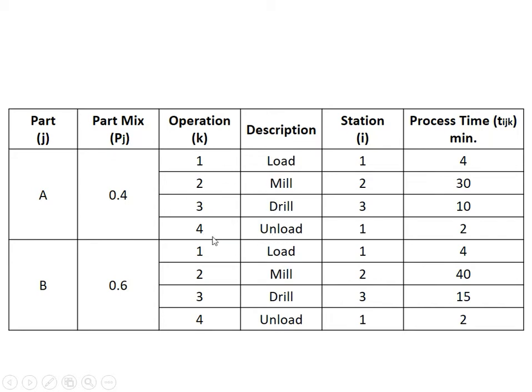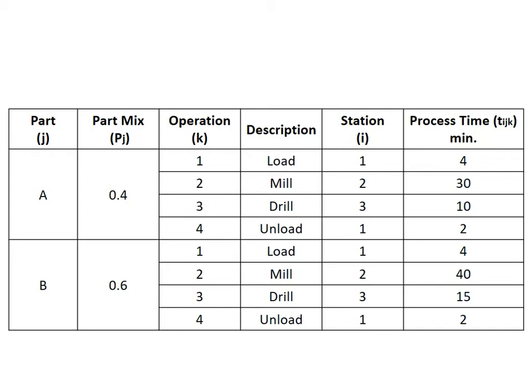So there are four operations and three stations, that is station 1, 2, 3 and again 1. The process time tijk is already given in minutes. You can cross-relate to the previous terminologies. All the required terms for calculating whatever is asked in the question are given in this table.